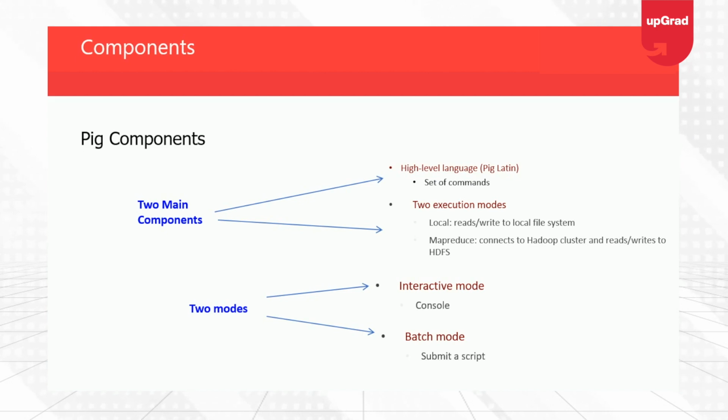Now there are two ways through which a developer can interact with the data, and one is the interactive mode. That's basically using a terminal for executing the commands, similar to Hive or HBase. So we can use a console and type the commands, and that will be the interactive mode.